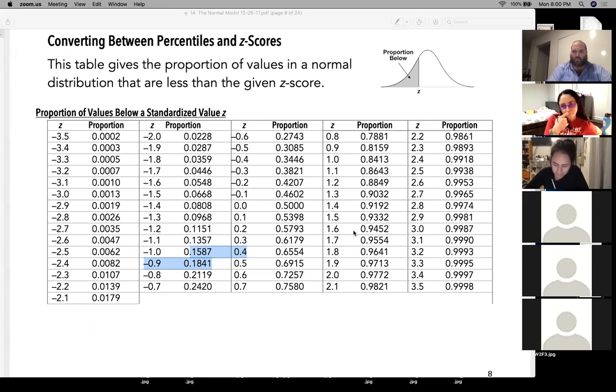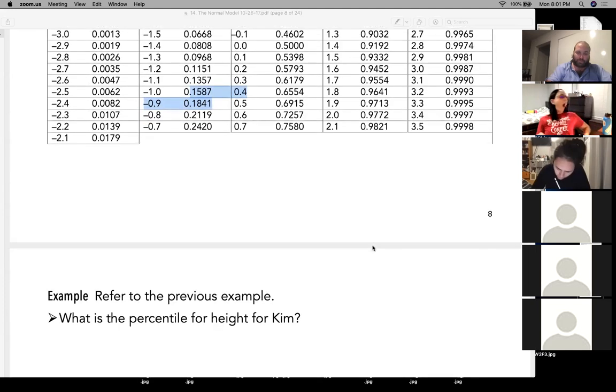As you can see here, 1.6 is the 94.5 percentile, and 1.7 is the 95.5 percentile. I can tell you just from experience, the 95th percentile happens to be at 1.645. So we want a score that corresponds to a Z-score of 1.645.